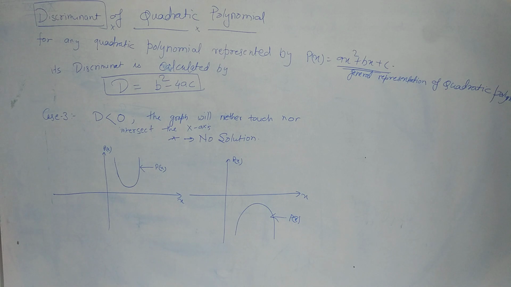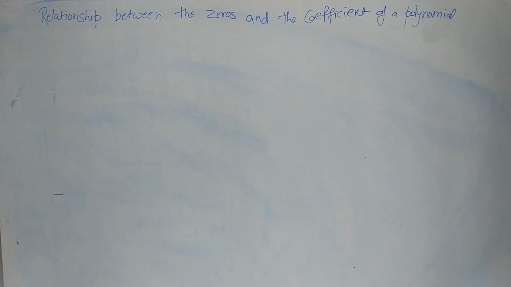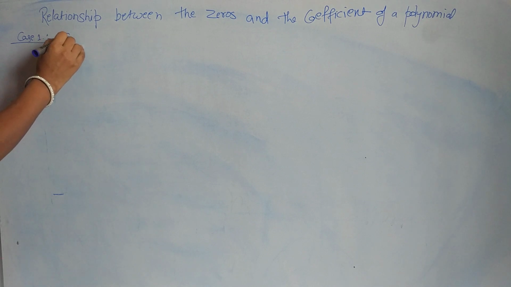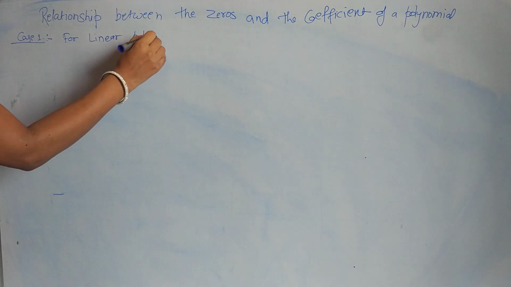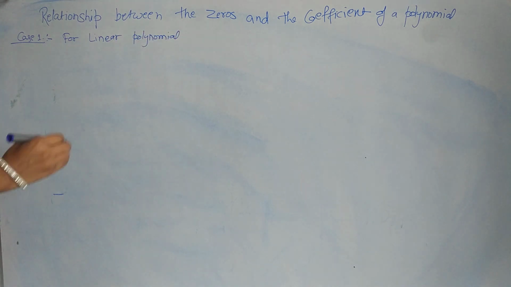Now next thing we are going to discuss is the relationship between the zeros and the coefficients of a polynomial. Case 1, if my polynomial is linear, that means for linear polynomial, or I can say linear equation.